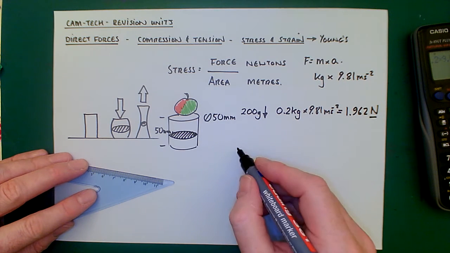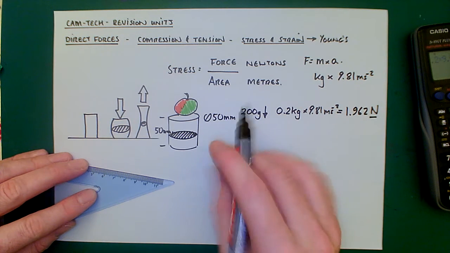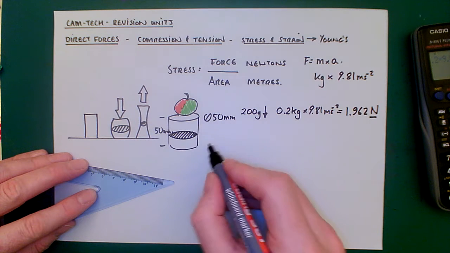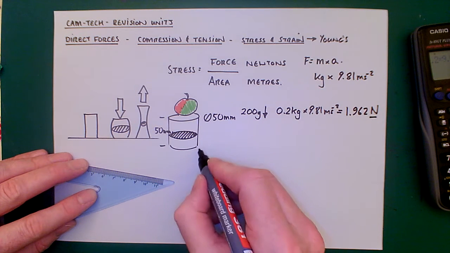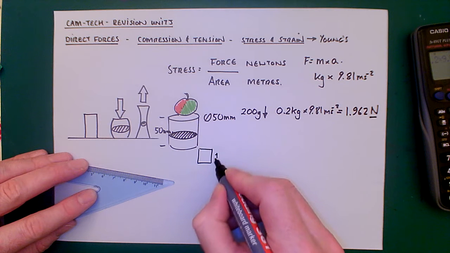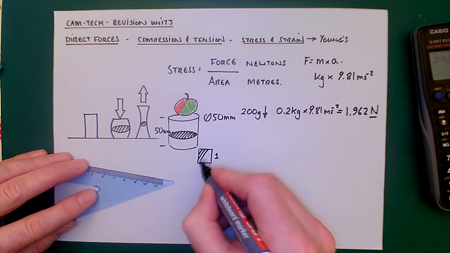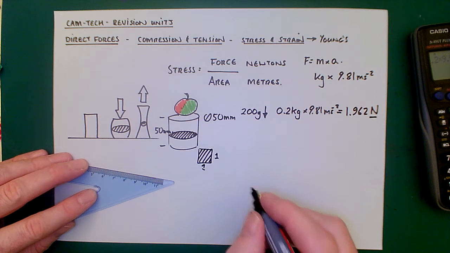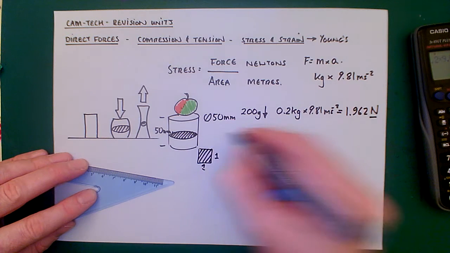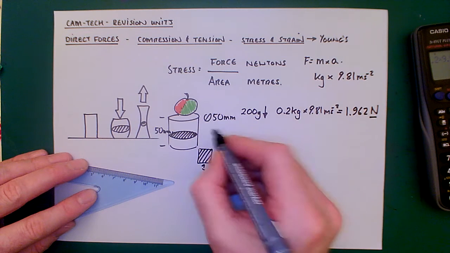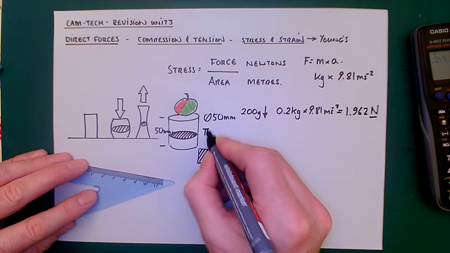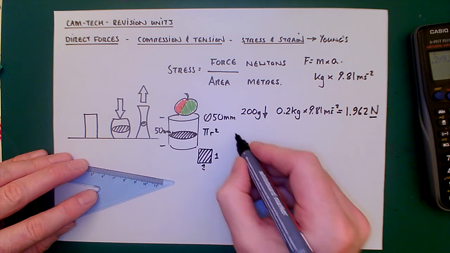Now if we want to compare that to other cross-sectional areas, then we need to amalgamate that into a specific unit. And what we'll do is we'll do it for 1 meter squared. We can do that by calculating the area and dividing it into the force. So we'll use pi r squared.